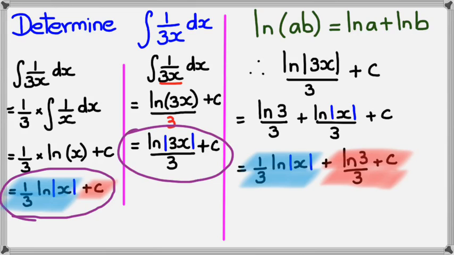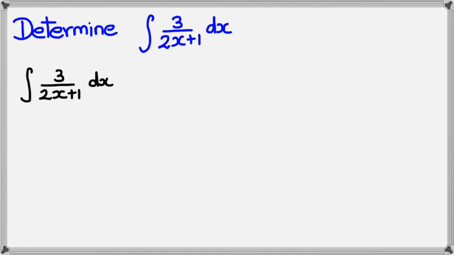Alright, moving on to one last example. So in this case I want to integrate 3 divided by 2x plus 1. Okay, so what I'm going to do is write the constant as it is, 3. Now this is multiplied by ln of whatever's in the denominator, which is 2x plus 1.